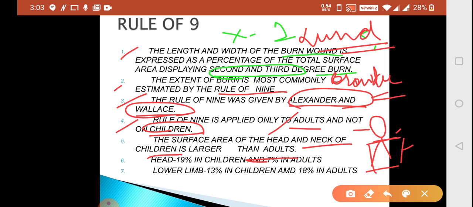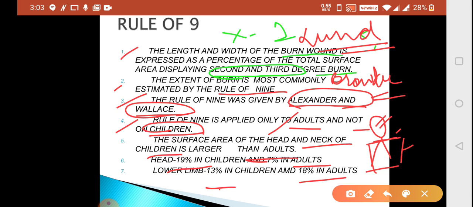That is why the children will have a head part of about 19%, and in adults it will be 7%. So children will have a larger head part, and even in case of lower limb they will have less, that is 13%, and it is 18% in adults.